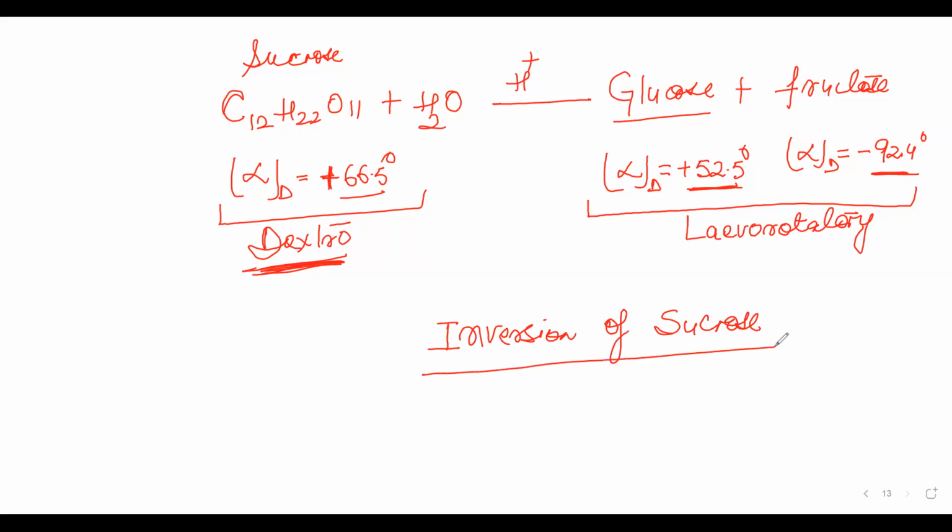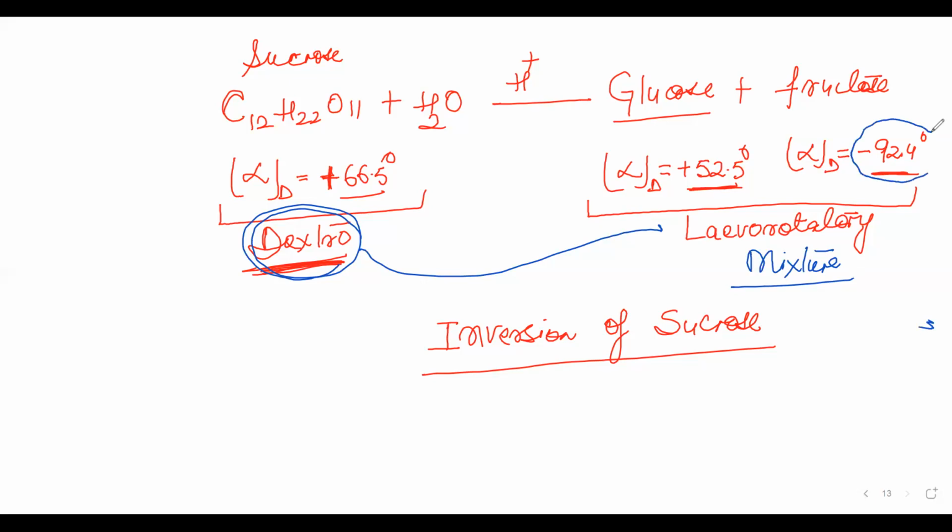तो जब हम सुक्रोज की हाइड्रोलिसिस करते हैं, we find that a dextro compound changes into a levorotatory mixture because this levo-rotation is more. अब यहां पर क्या हो रहा है कि आपका जो कंपाउंड है उसकी जो ऑप्टिकल रोटेशन है that is getting inverted. From a dextro compound, it is changing into a levo compound.